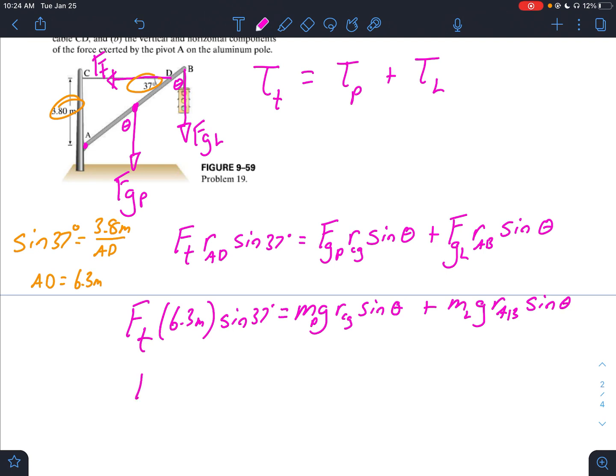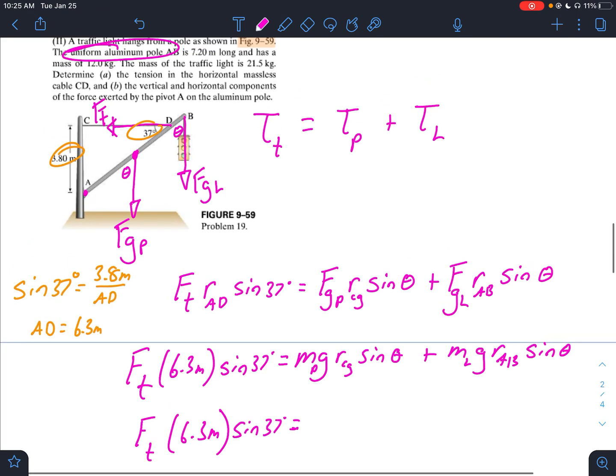I probably should have done that first, but it's always a good idea to show each step. So this is a case where gravity doesn't exist everywhere, meaning it's not in all parts of our equation because we can't take it from the left side because it's a tension force.